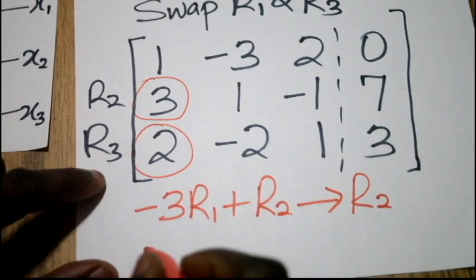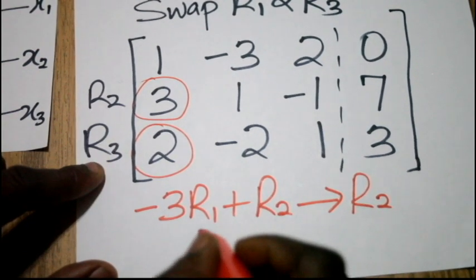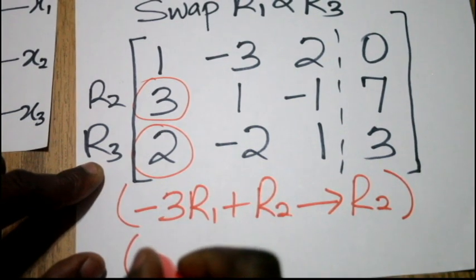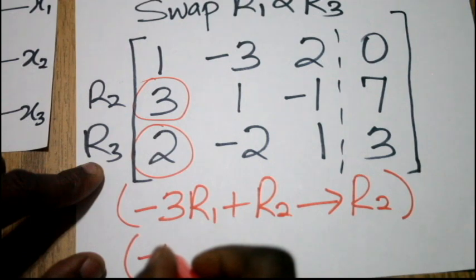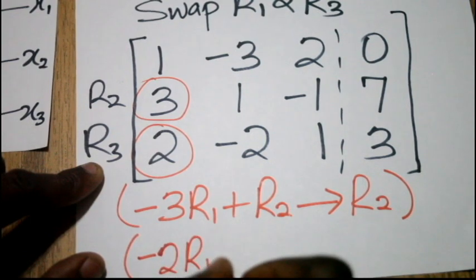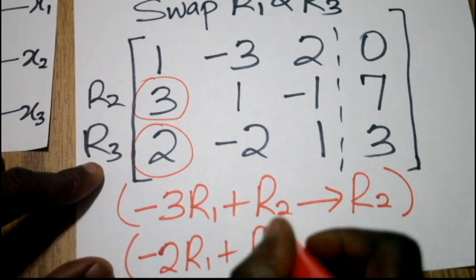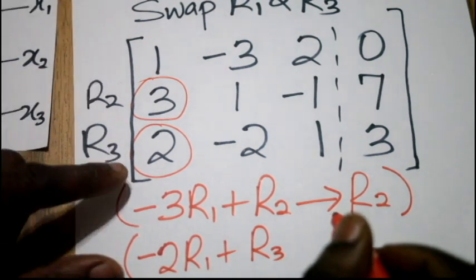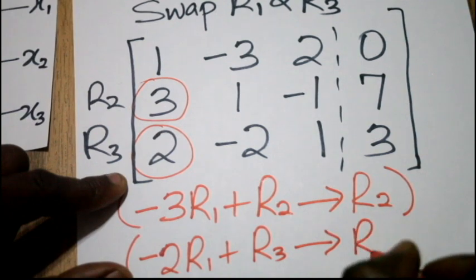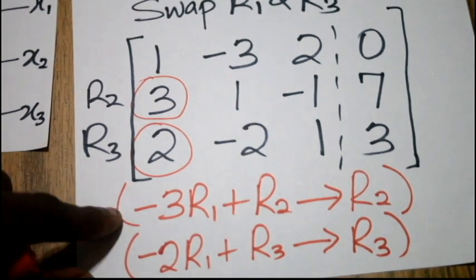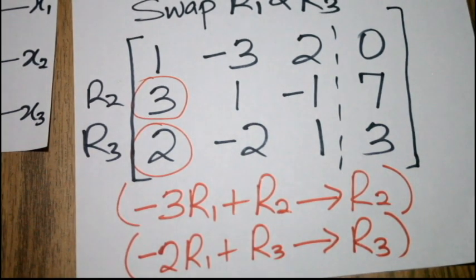Then for row 3, I have negative 2 R1 plus R3. That is going to give us the new R3. I believe you can see that. So this is what we're going to use to advance to the next level of solution.